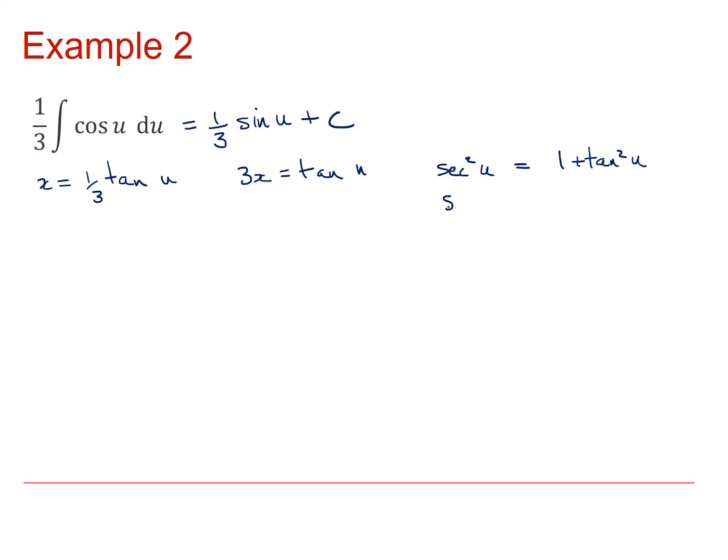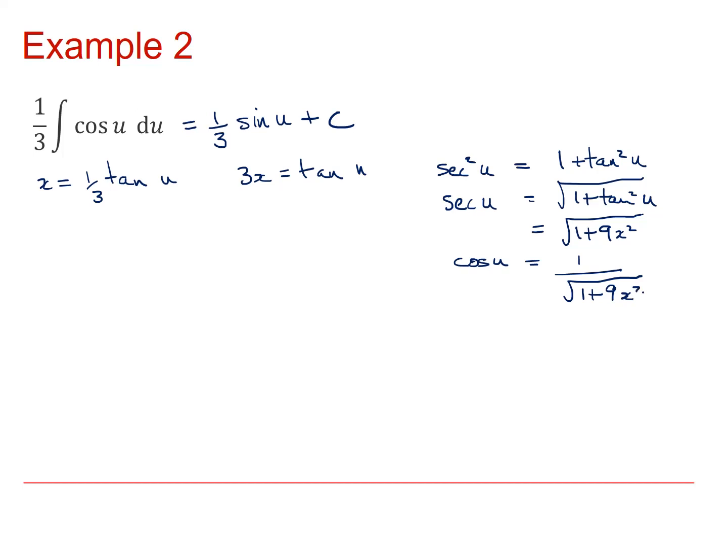And so sec u is equal to the square root of 1 plus tan squared u, and that is the square root of 1 plus 9x squared. That means that cos u is going to be 1 over the square root of 1 plus 9x squared.